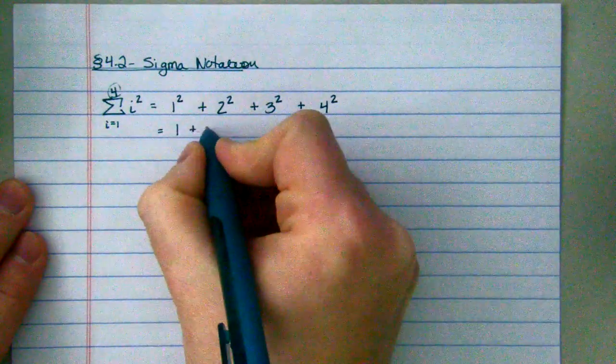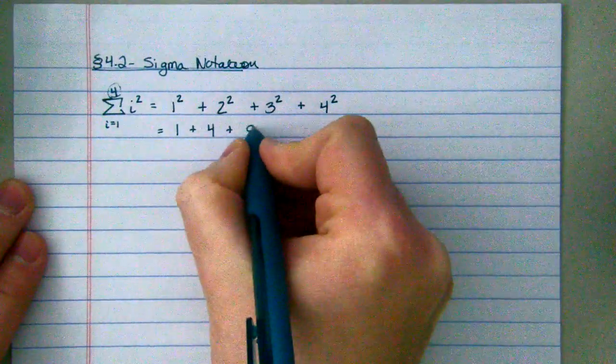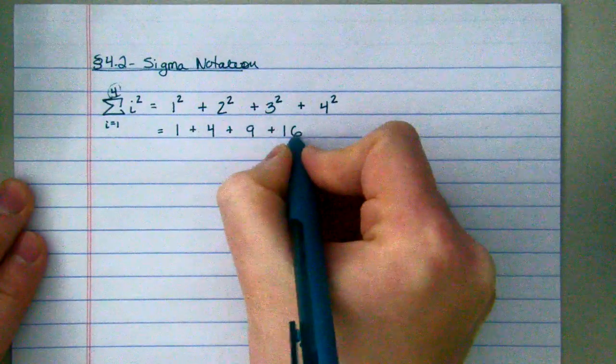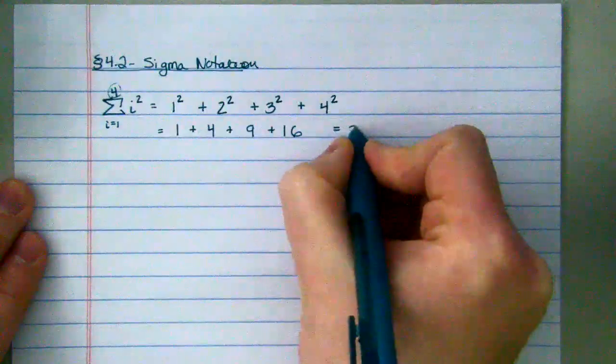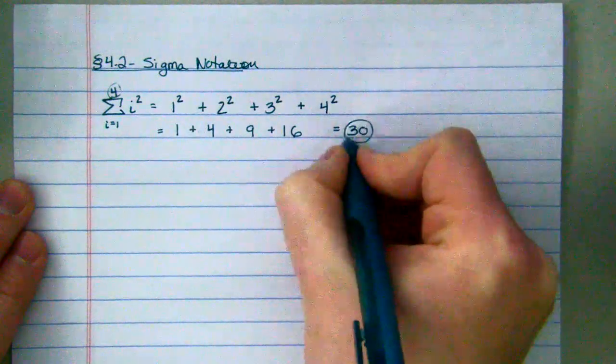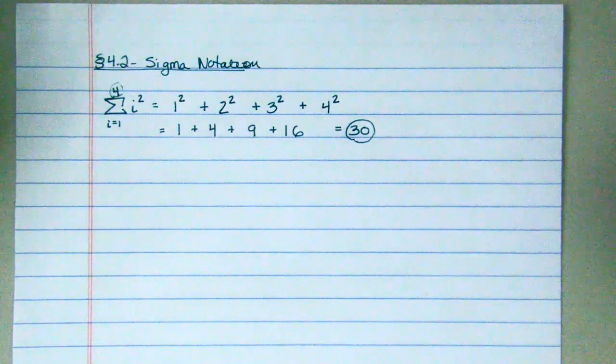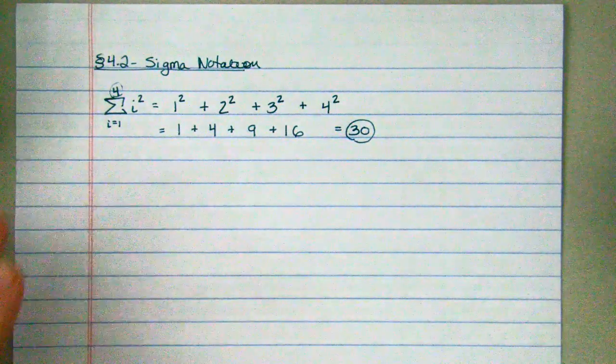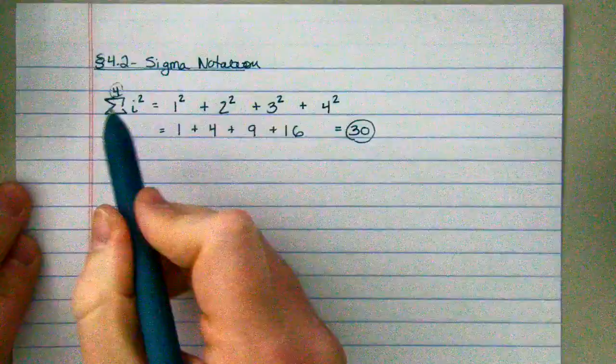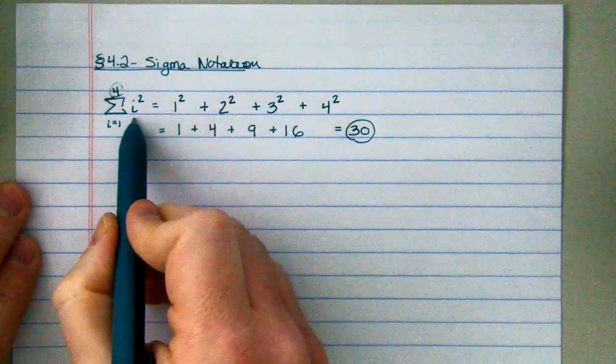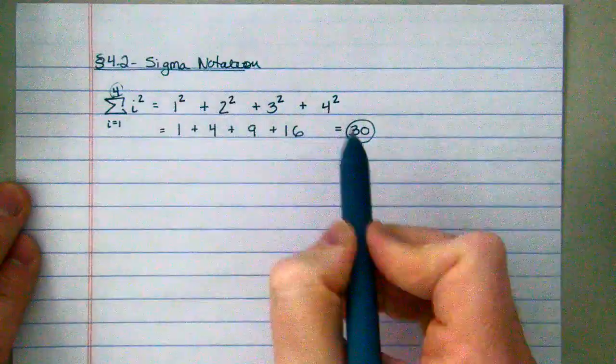Well, that's 1 plus 4 plus 9 plus 16. You're going to add those up, and you're going to get 30 from that. I can read this as the sum as i goes from 1 to 4 of i squared, and that sum equals 30.